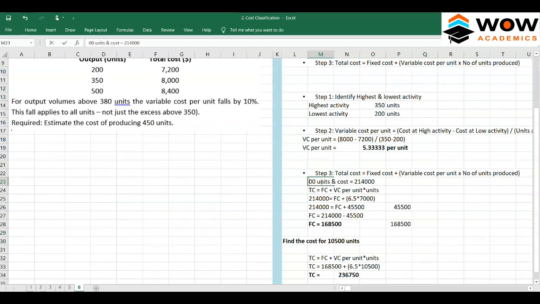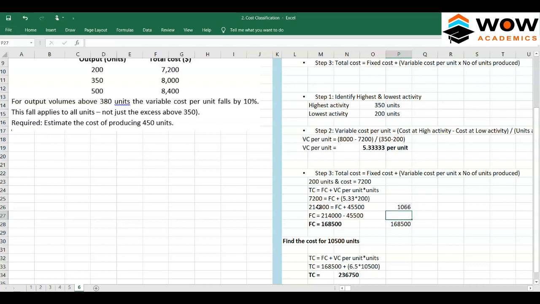So we'll apply it to 200 units, which has a cost of 7,200, and let's work out the total cost. 7,200 is the total cost. Fixed cost we don't know, and variable cost per unit is 5.33. So let's work out the variable cost element alone.